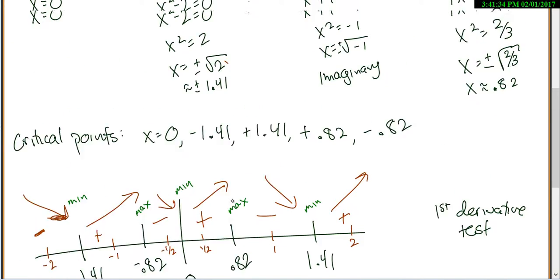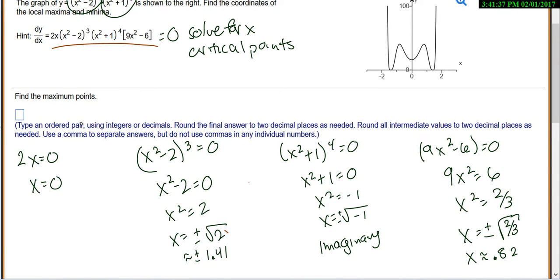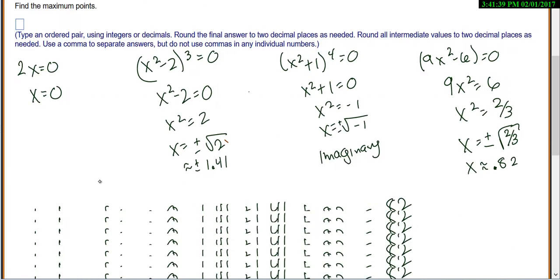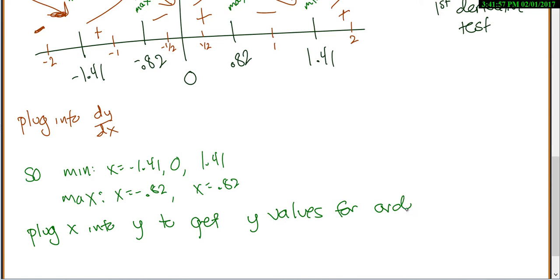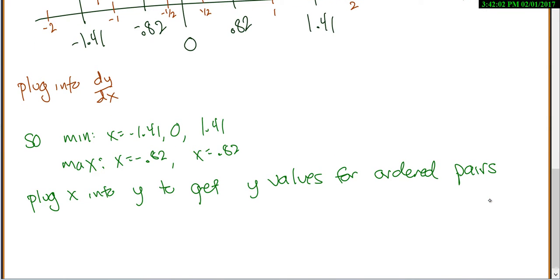Now, if you look up here at our actual problem, it said type an ordered pair. So that means you need your actual y values. So to find the y value, plug x into y to get y values for ordered pairs. So if x equals -0.82, then y is going to equal what?